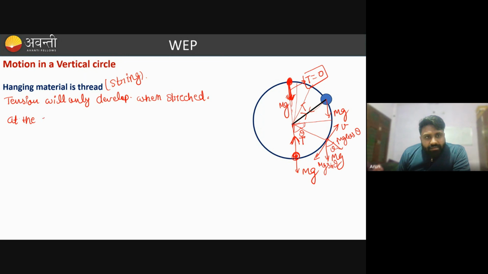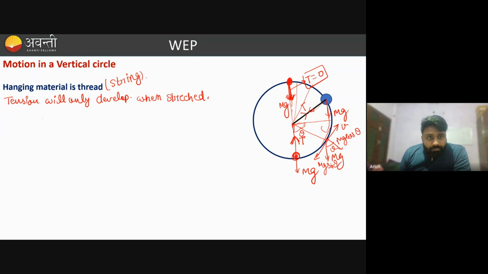and this is the condition, if tension becomes 0 at any other point instead of the topmost point, in that case there is no tension, the ball will drop, because there is no tension, there is no support force.